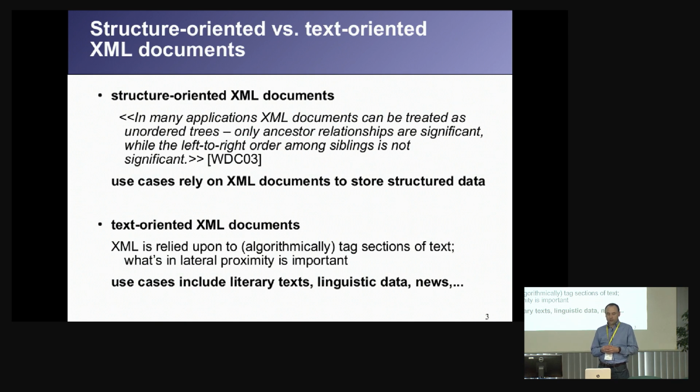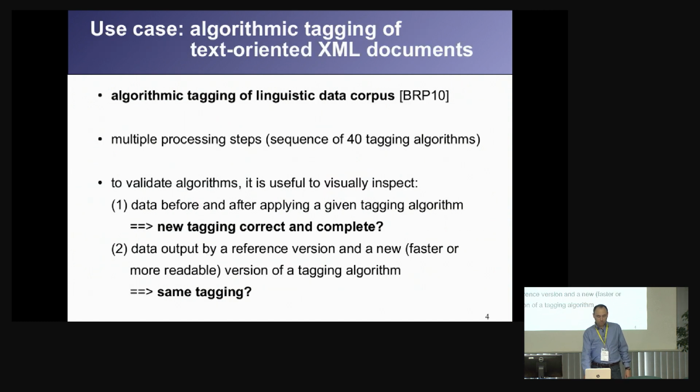Use cases typically rely on XML documents to store more or less structured data. For text-oriented XML documents, XML is relied upon to tag selection of text. What's in literal proximity is here important. Use cases include literary text, linguistic data, news, and so on. And we're interested in text-oriented XML documents.